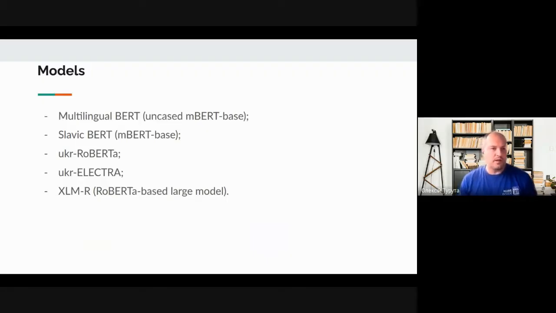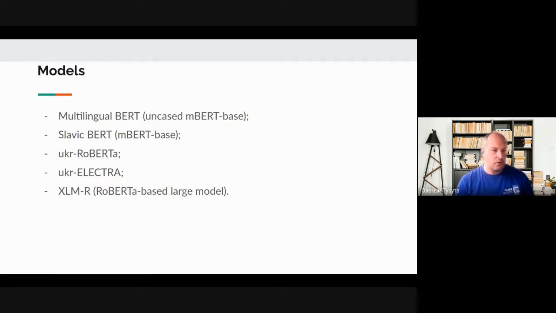Next, Slavic BERT. It's an MBERT-based model which was trained on some Slavic corpora, but there is no Ukrainian corpus. I guess that Slavic BERT should capture some Slavic morphemes or other ideas, but Slavic BERT is not adapted for the Ukrainian language.